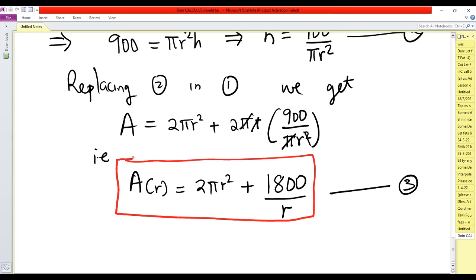With this area formula, we know that radius is a distance or a length, and lengths are always positive.